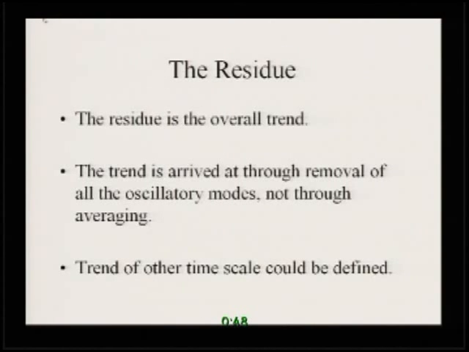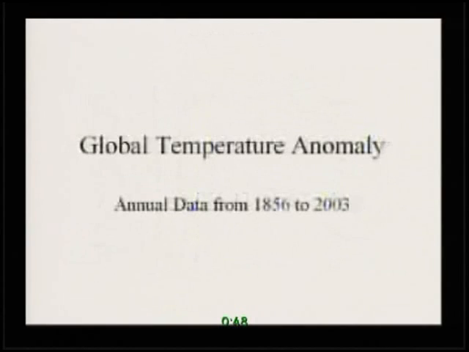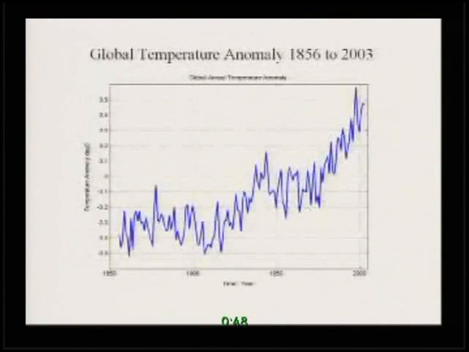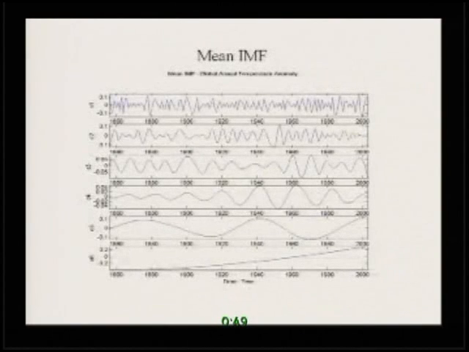So let's see these two data sets. We'll look at the temperature data first. This is the temperature data. I decompose it, and I get this many components. I tried different stoppage criteria, and I got many different trials.